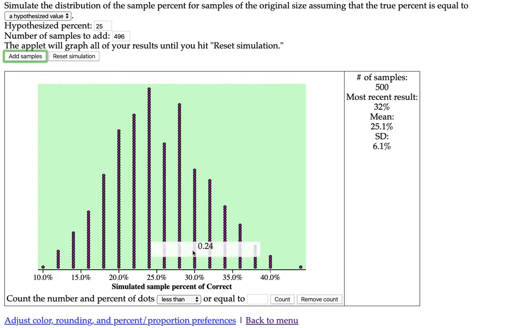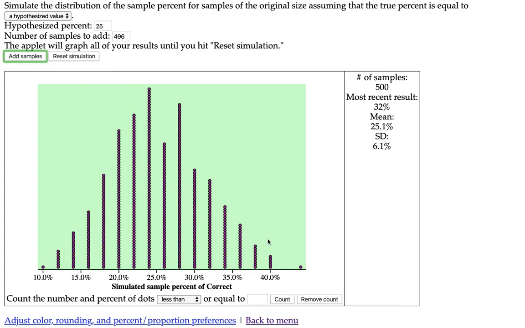A random guesser generally would score somewhere in this 25% or 20 to 30% range, which makes sense because they're just randomly bubbling circles. So we know this distribution right here is what we know to be true about a random guesser on this test.